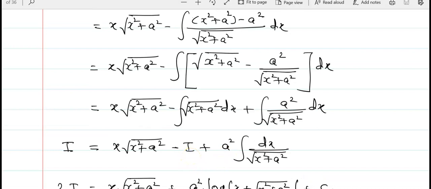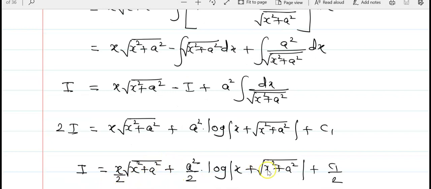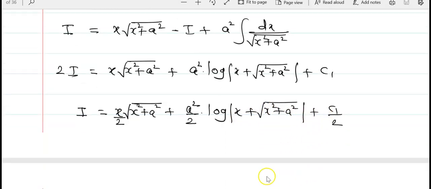That is it. When it comes to the left hand side, it becomes 2I. 2I is equal to x√(x² + a²) plus a² log|x + √(x² + a²)| plus C1. Now divide on both sides by 2. Then you will get I is equal to x upon 2 √(x² + a²) plus a² upon 2 log|x + √(x² + a²)| plus C1 upon 2.